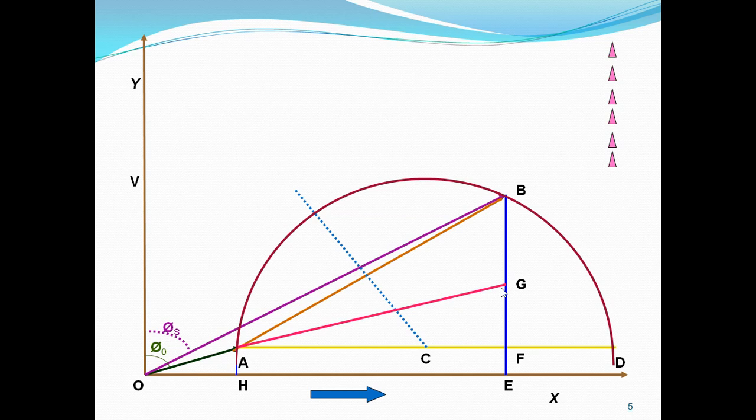So BG is the rotor copper losses and GF is the stator copper losses.